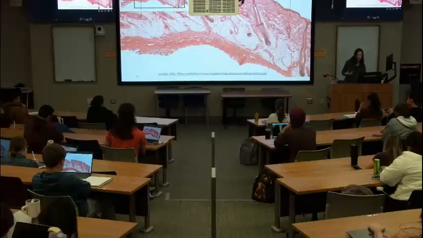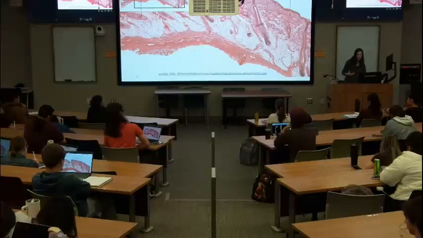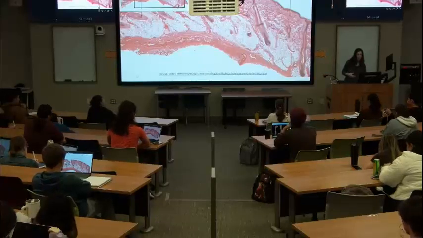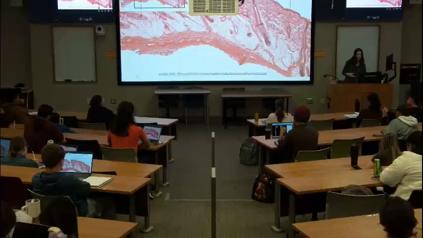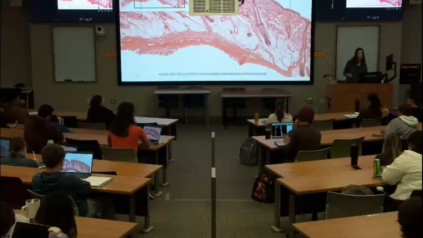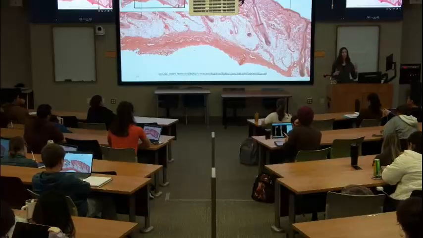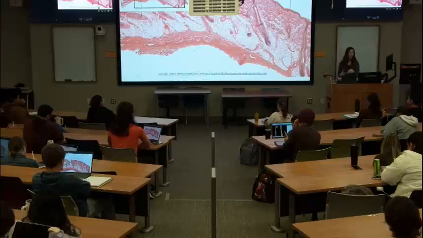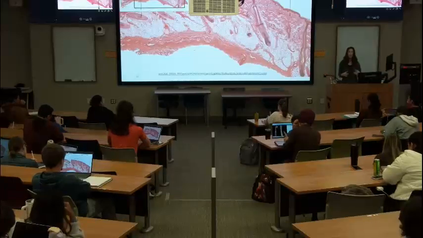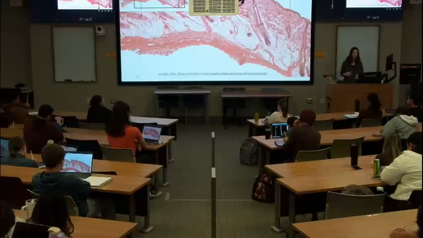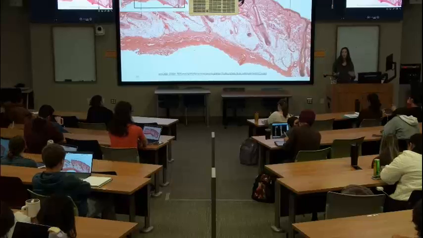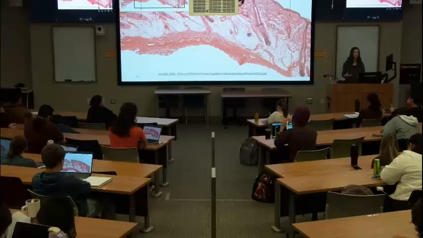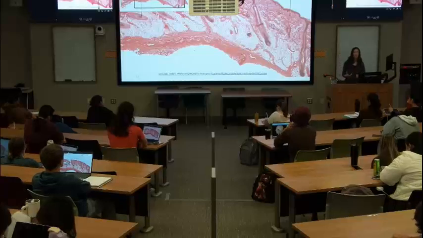When you see little patches like this, or this, or this, where you see some lighter and some darker tubes, that's going to be sweat glands, right? Most likely eccrine sweat glands, because unless you're specifically taking a section from the armpit or the groin, you're not really going to see apocrine sweat glands.